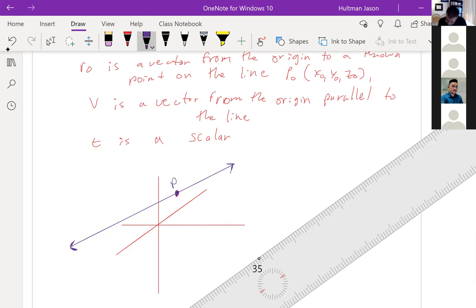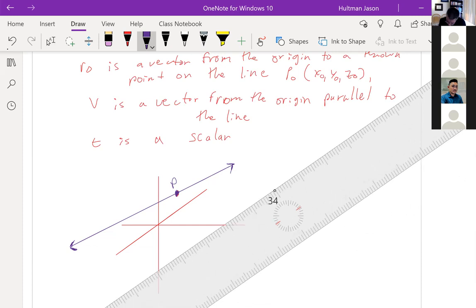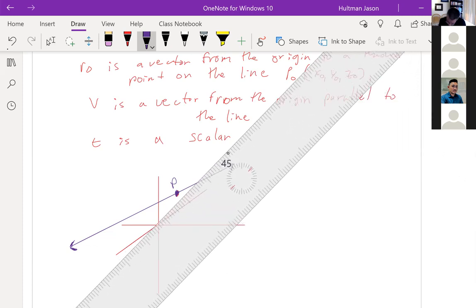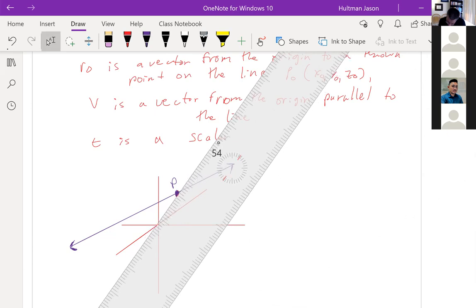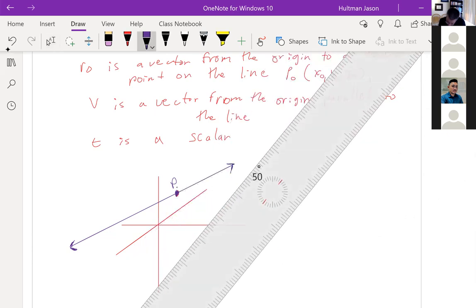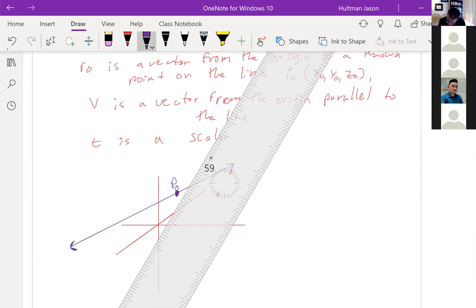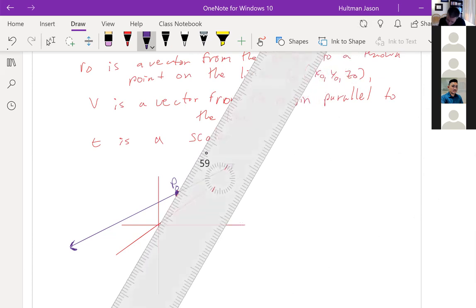The point that we're going to get originates from the origin. The vector that goes from the origin to this point on the line, which we'll call P naught, we're going to call R. Maybe we'll make R in black.